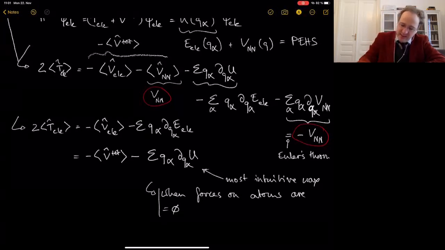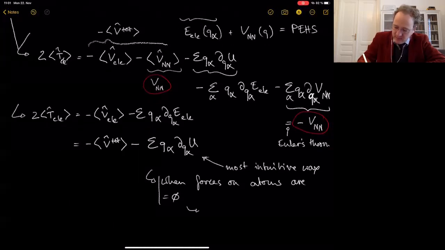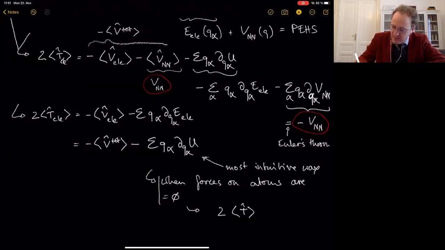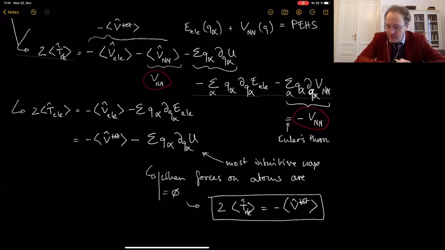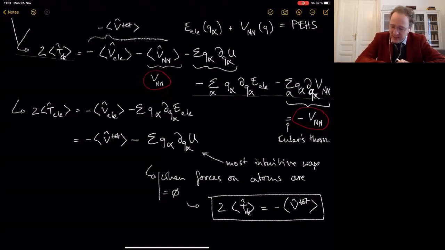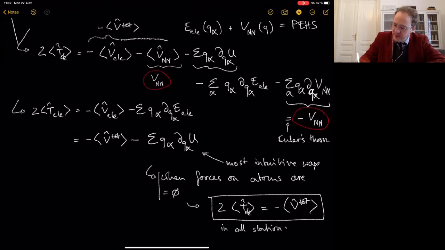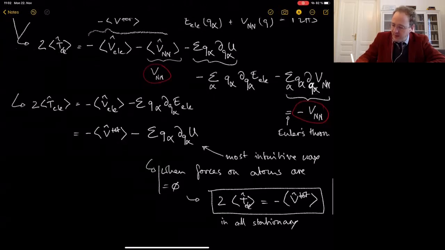Under any of these circumstances, you recover the same expression as for the atom. So in the equilibrium, or in all stationary cases.